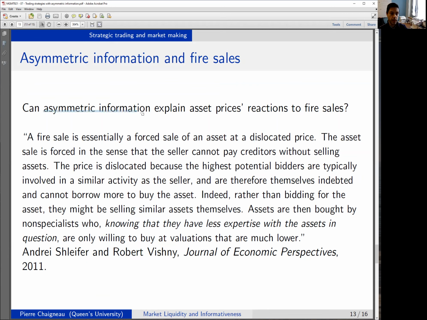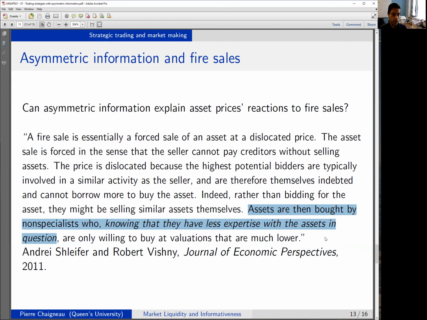Asymmetric information can also explain how market prices react to fire sales. So what are fire sales? These are often massive, or at least unusual sales, and they are often associated with collapsing prices. And why is that? Well, one explanation is that when there are such huge, or at least unusual asset sales, then the people who are buying the assets are often non-specialists.